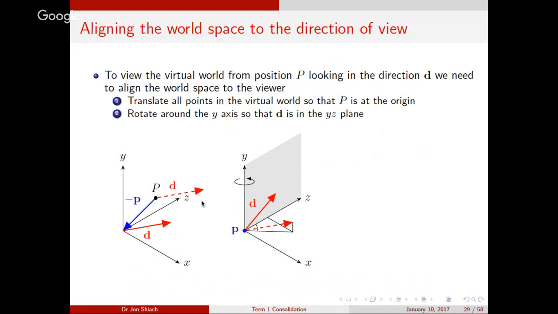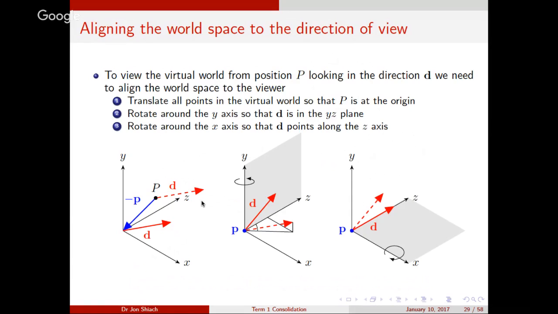The next step is we rotate around the y-axis so that our D vector is now in the ZY plane. This dashed vector is where it used to be, and we rotate it around the y-axis so it's now in the ZY plane. Okay, so your D vector is in the ZY plane, but it's still not pointing along the Z axis.